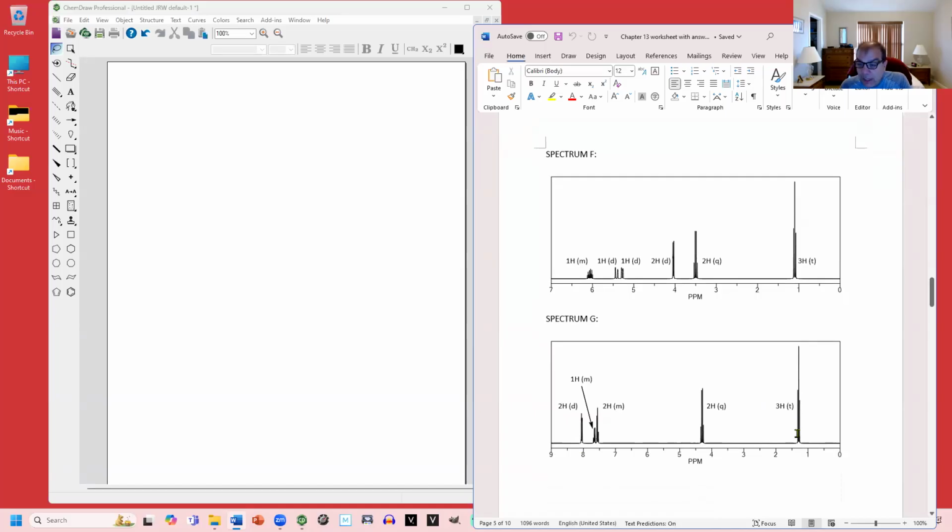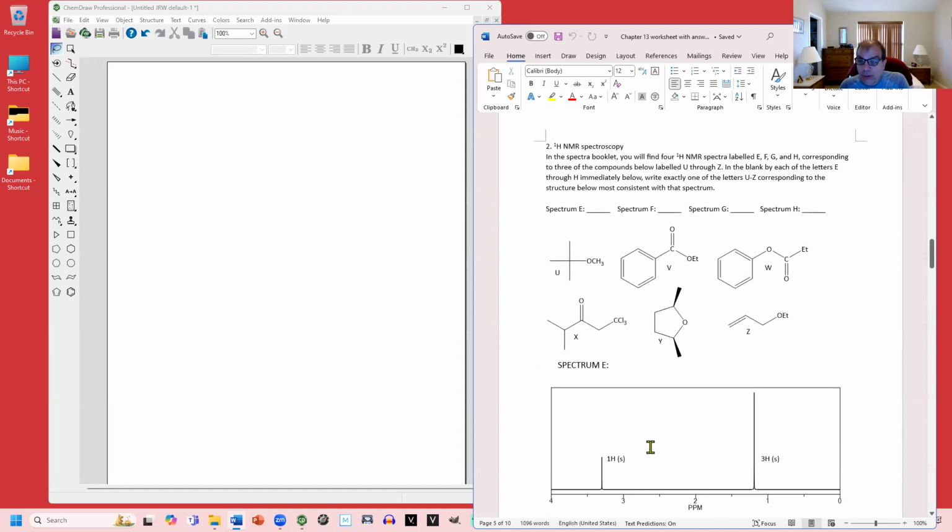We have a 3 hydrogen triplet for the CH3 and a 2 hydrogen quartet for the attached CH2. So there must be an ethyl group. So we're looking for something with an ethyl group and with an aromatic ring. And when we look at our structures, there's 2 compounds that have an ethyl group and an aromatic ring.